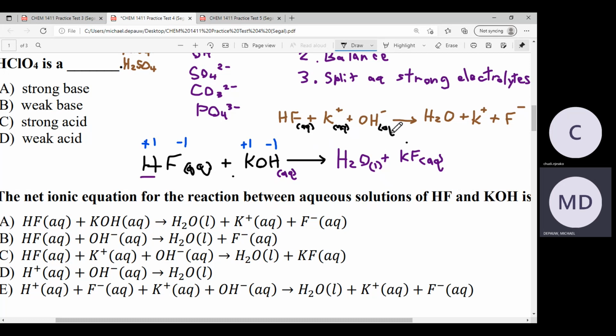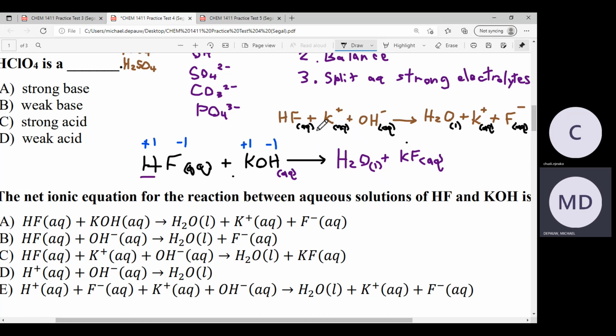Now, if you split something apart, if it came from aqueous, then it's aqueous. Now, the water is a liquid, so that doesn't split and doesn't change. KF was aqueous, so each of the ions is now actually aqueous. Aqueous means dissolved in water, and when they're dissolved in water, they split apart.